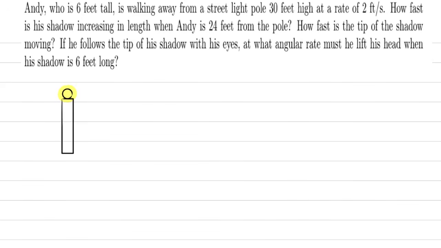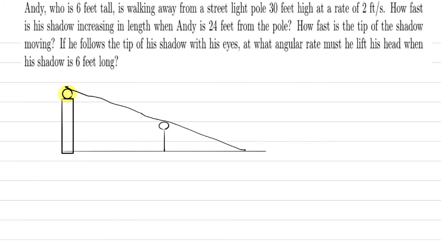Now suppose this is the ground, and suppose this is Andy, and suppose this is the light that is coming from the post.